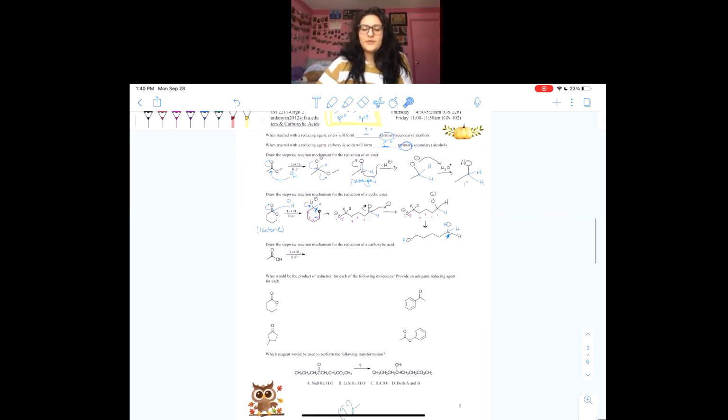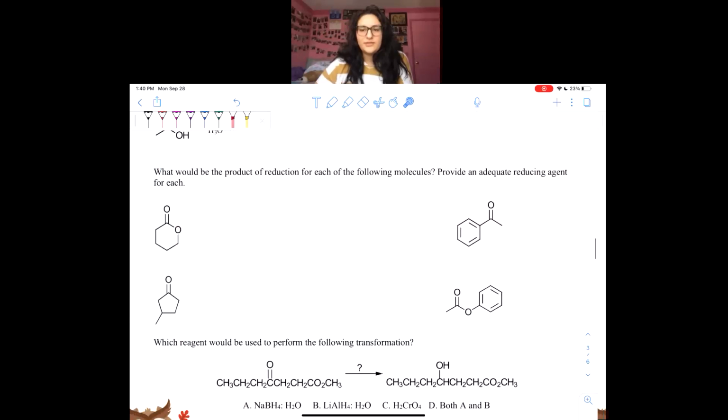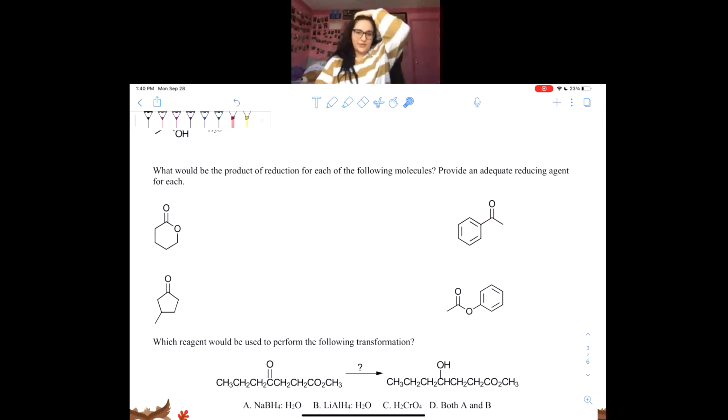Sweet. Okay, so now that I've given you the long way to do everything, I want to show you the shortcut of how I just see a molecule and can already tell what the product is. We already did the lactone one. I'm not going to redraw that for you guys, but I will give you another example. So let's say we had a methyl substituent right here.